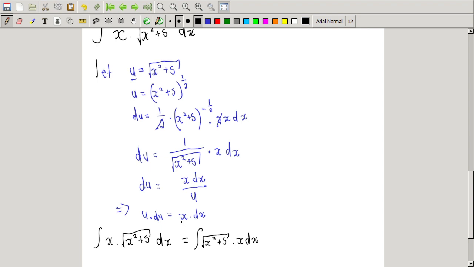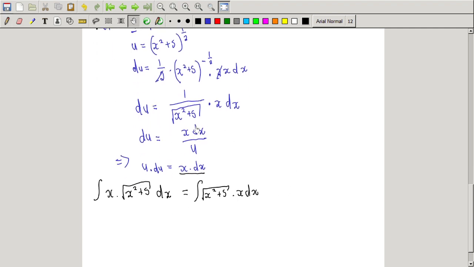I know x times dx is u times du, and I know the square root of x squared plus 5 is our u. So u multiplied by x dx is u du.